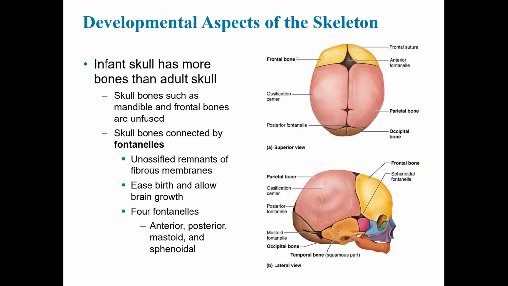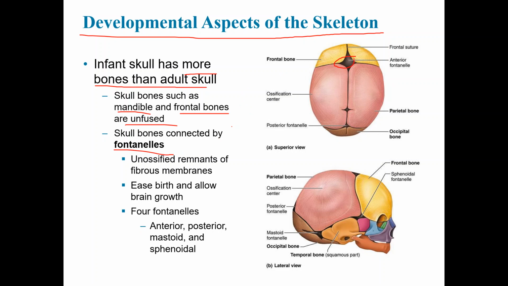I want to talk for a minute about the developmental aspects of the skeleton. You all know that an infant skull has more bones than an adult skull, because skull bones such as the mandible and frontal bones are unfused. They will fuse eventually, so they count as more bones. Another important thing is that the skull bones are connected by fontanelles.